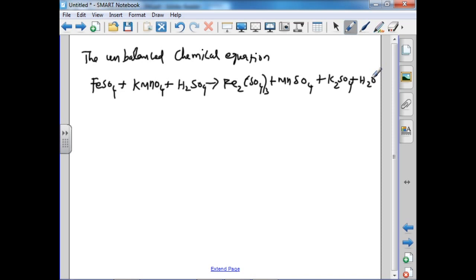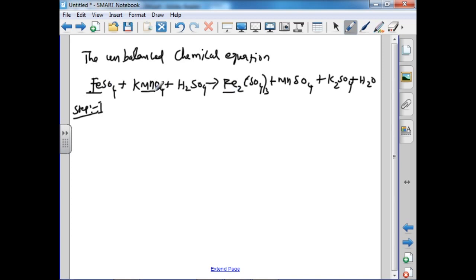Step 1. Find out which atoms change in oxidation number. So we have to find out only the change in oxidation number from the reactant side and also product side. So Fe changes the oxidation number, and on the product side, Fe changes the oxidation number.